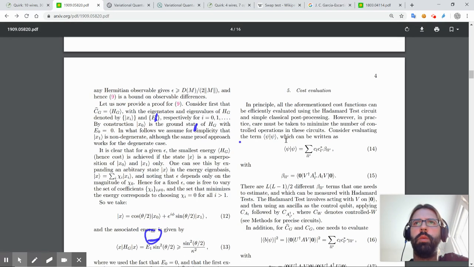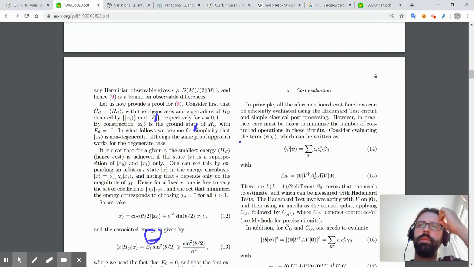Consider evaluating the term which can be written as, and these being Hermitian. L prime, okay, L prime being, because here you're having a sort of a transposed version, so you're summing and multiplying each element of the matrix.